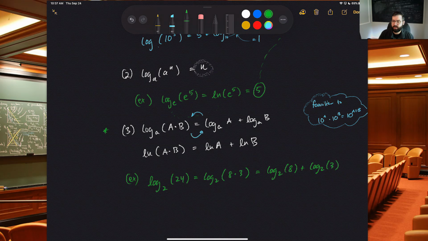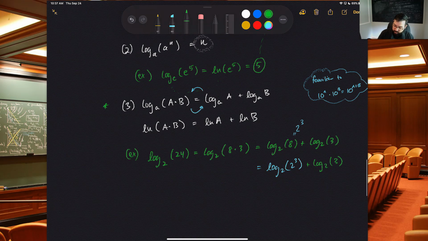And what's log base 2 of 8? Well, isn't 8 2 to the third power? So using our property above, log base 2 of 2 to the third, we should know that this value equals 3. Take a moment and see why that's the case. That has to be 3. And then plus log base 2 of 3.